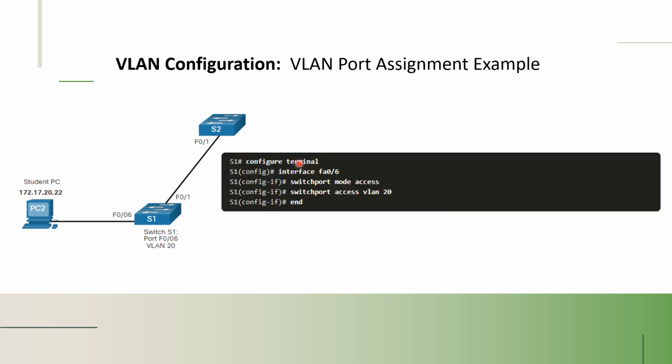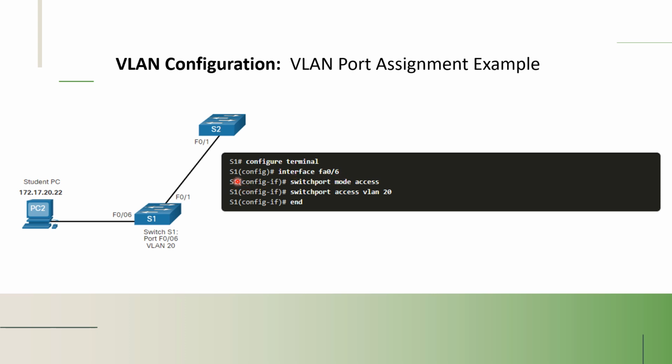So we have to be in global configuration mode with the configure terminal command. And then you have to enter the proper interface that you want to assign to a VLAN. In this case, we want to go to interface FastEthernet 0/6.